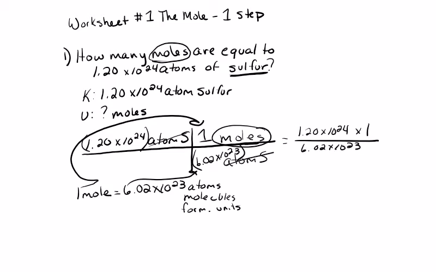Okay? So after you complete this math on your calculator, and like I said, please make sure you put parentheses around those numbers when you divide, you should get an answer somewhere near 1.99, and that would be in the unit of moles. Okay, and that's how many moles of sulfur you would have.